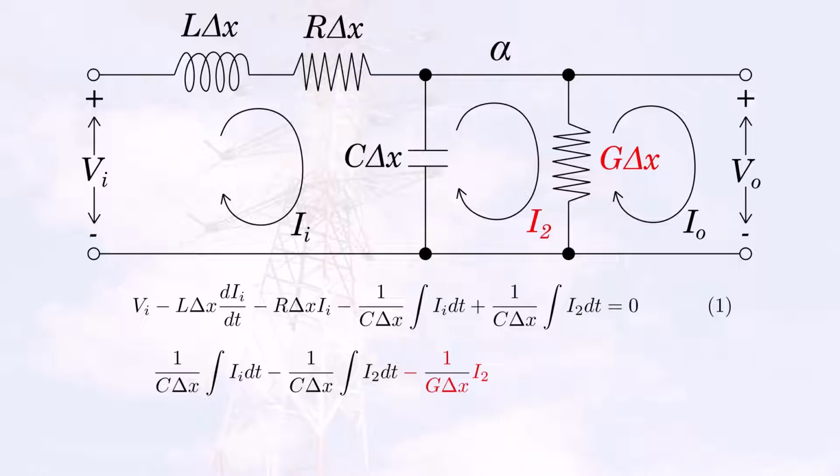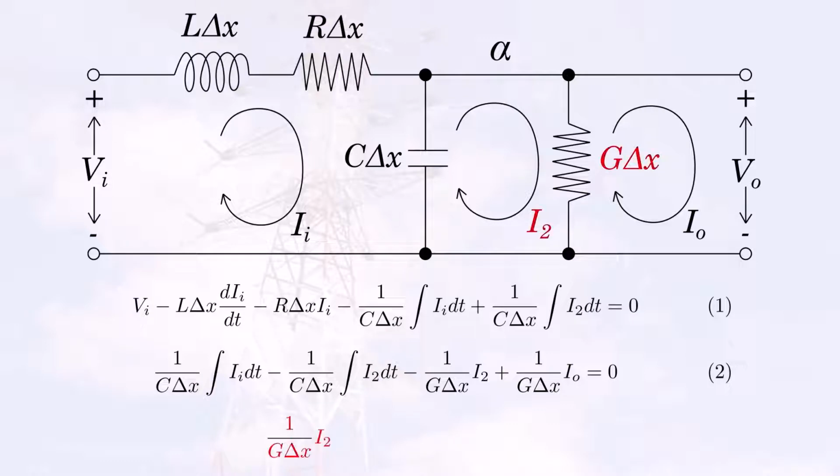Since the conductance is the reciprocal of the resistance, this will be indicated by I2 divided by G delta x. This is from the perspective of the first current, and we have the contribution of the current Io also with a positive sign, and that's our second equation.